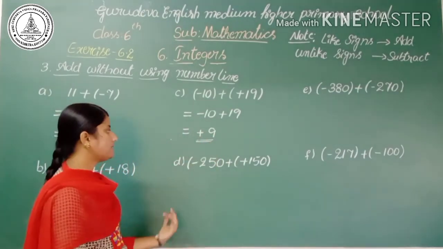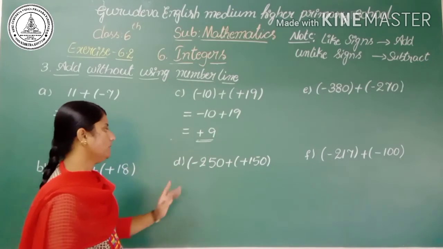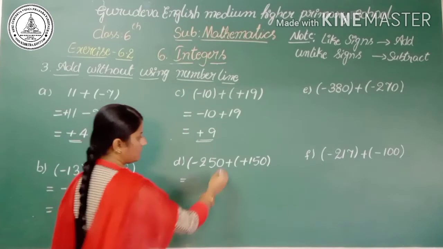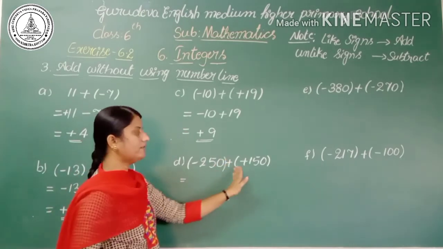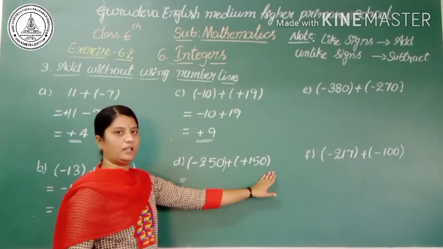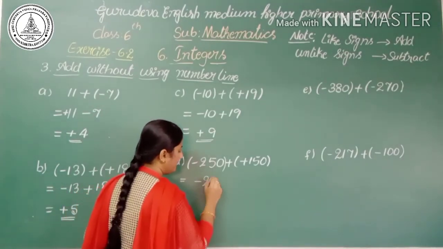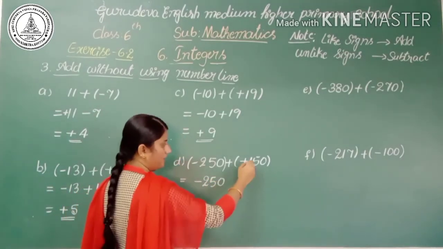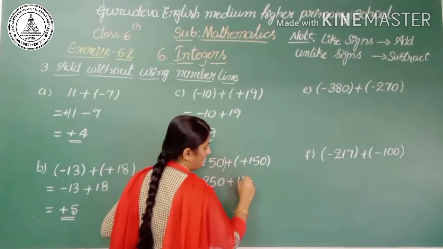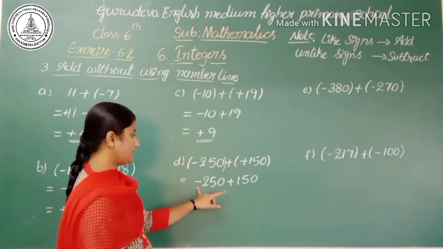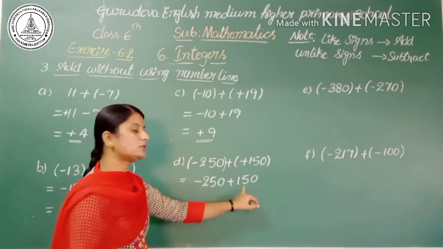Okay. Then next, similarly, the D question equals to minus 250 plus of plus 150. First remove the bracket and write the integers: minus 250 plus 150. Now you can see here minus 250 and plus 150.